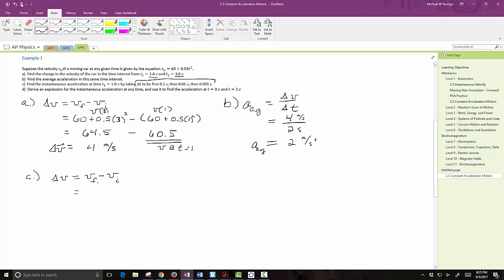So for my final velocity, we're going from 1 second to 1.1, so my delta t is 0.1. So I would have 60 plus 0.5 times 1.1 squared, minus the 60.5.